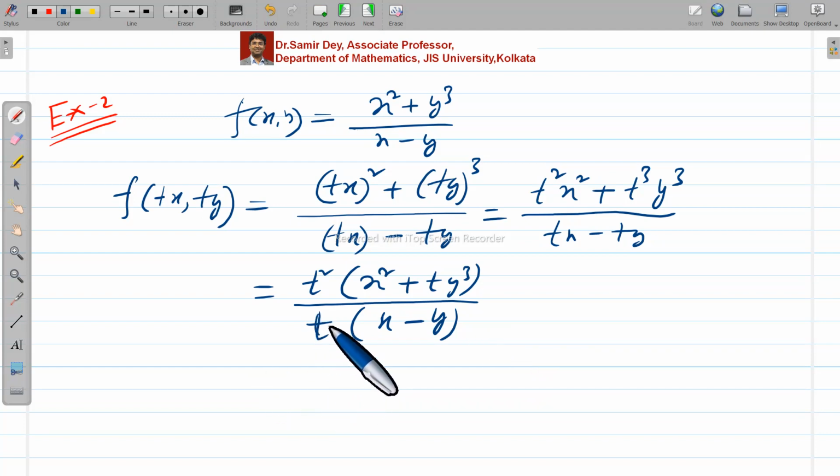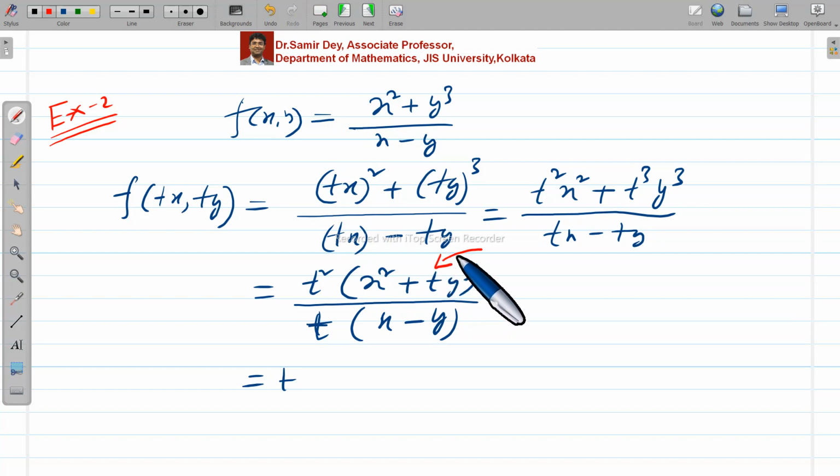Now from here we may write t, but this is not in function form. Your function is x square plus y cube by x minus y. But here you can see some extra t you have.